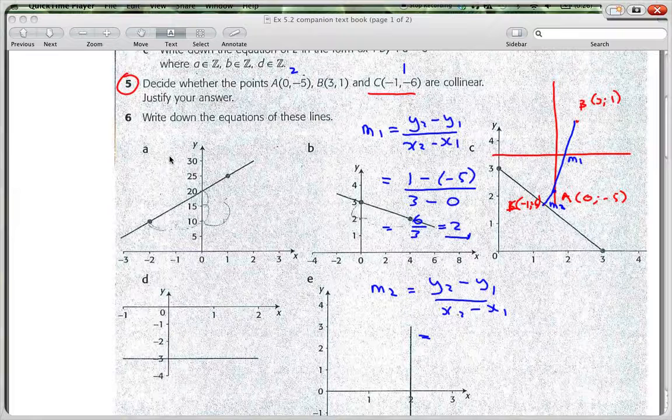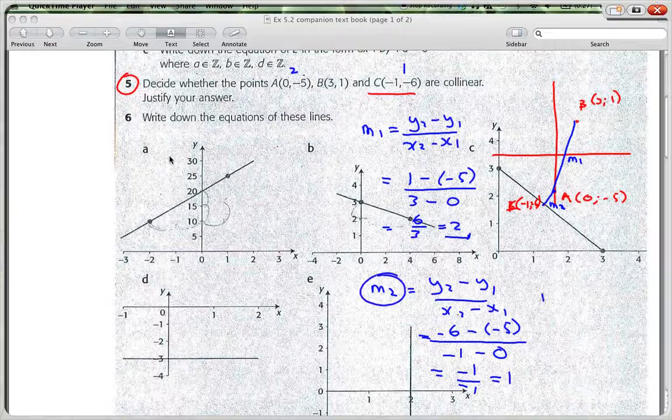So we're going to get minus 6 minus 5, and then we are going to get minus 1 minus 0. So this minus 5 becomes plus 5, so we get negative 1 divided by negative 1 is equal to 1. So my slope for M2 is equal to 1, and my slope for M1 is equal to 2. Therefore, we can say they are not collinear.